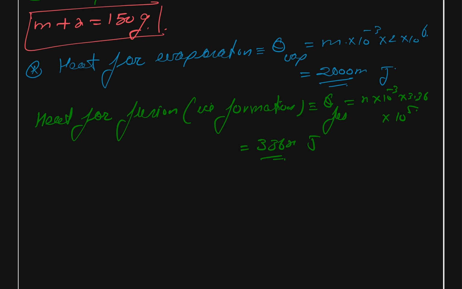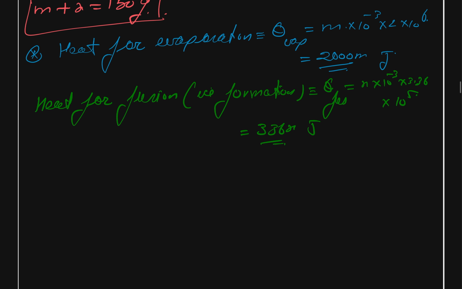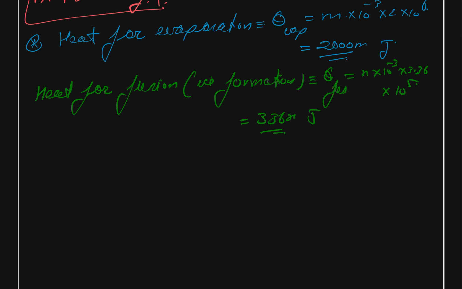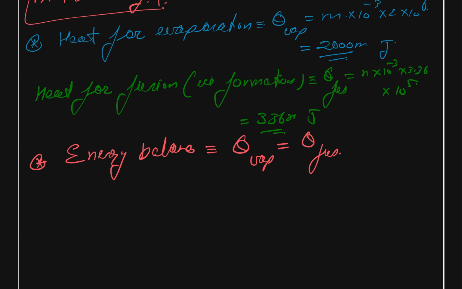Now these two should be equal with each other. So we can say our energy balance gives us heat for vaporization should be equal to heat of fusion, because the system is entirely insulated, so all the heat that will be used in this entire system will be balanced.